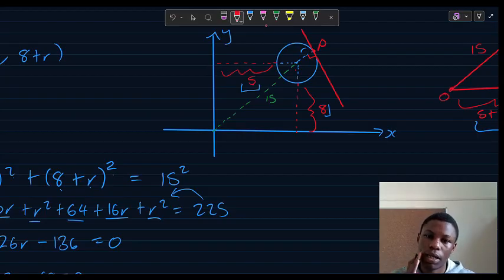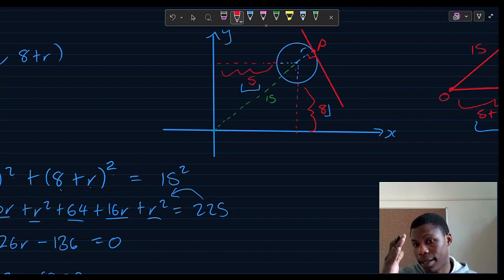I can note that my line, my tangent, is going to be perpendicular to this green line, right? Because the green line is going from the origin to the center. And then from the center, we're going through to point P. So it's still the same line. So these lines are going to be perpendicular because the radius is always perpendicular to our tangent.